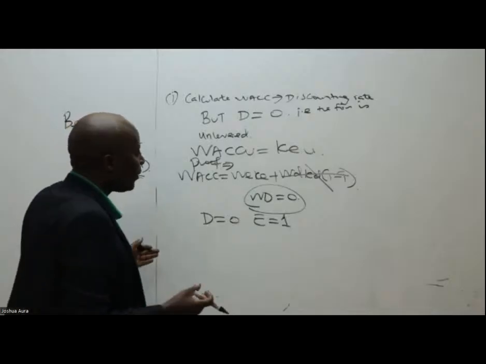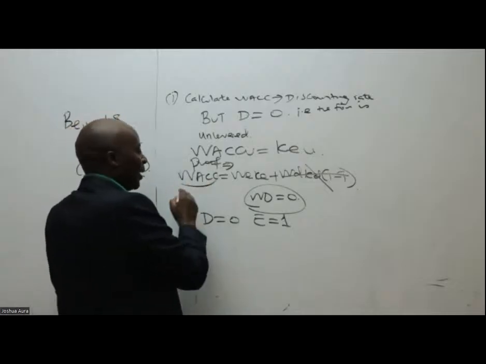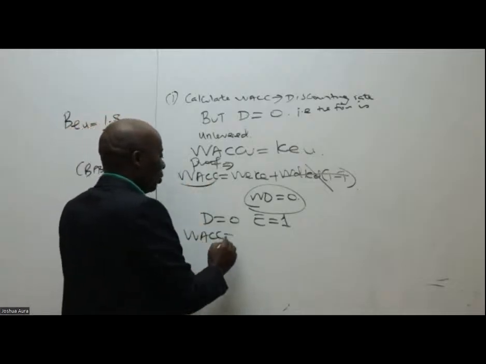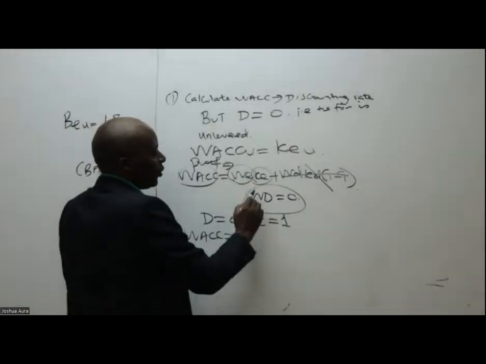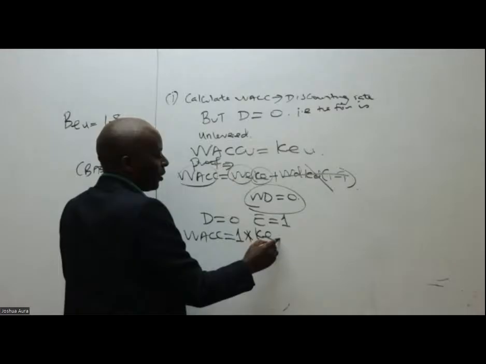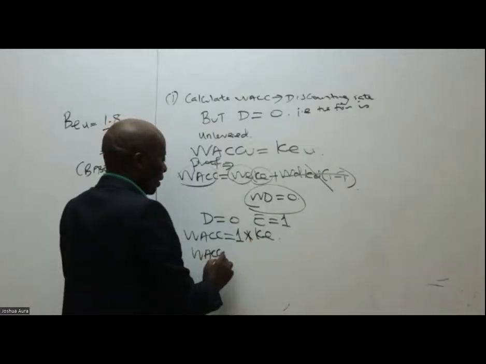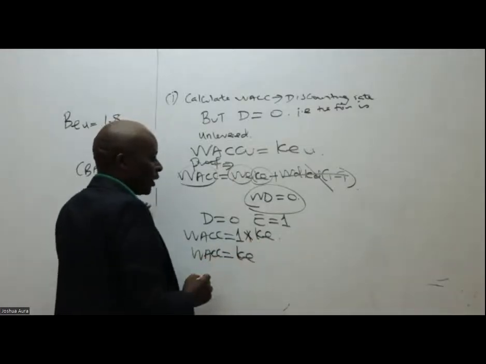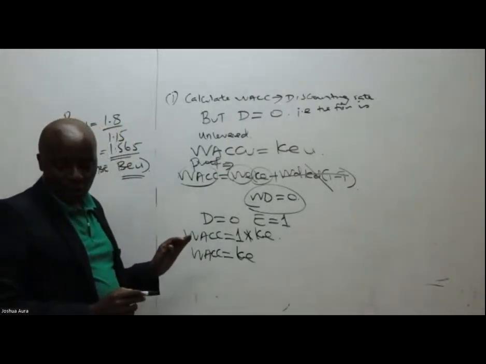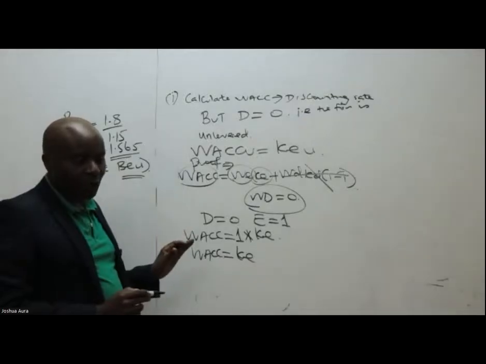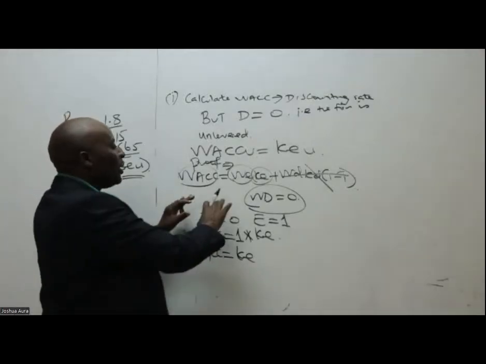So meaning something very important happens: our WACC will be equal to weight of equity, which is 1, times cost of equity that we shall be looking for. So our WACC will be equal to cost of equity for unlevered organizations. For unlevered organizations, ladies and gentlemen, I don't need this derivation.